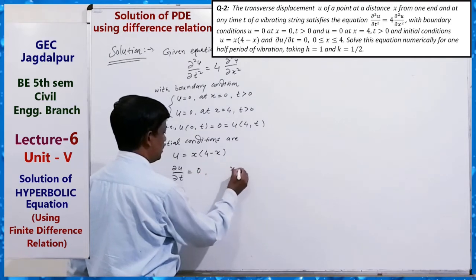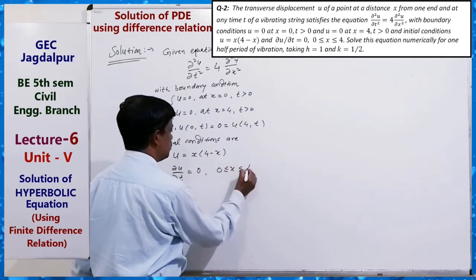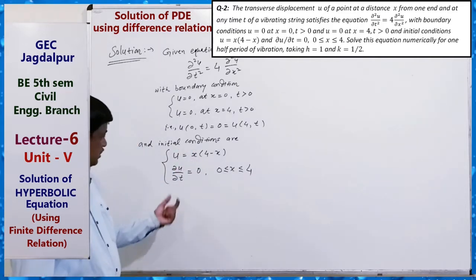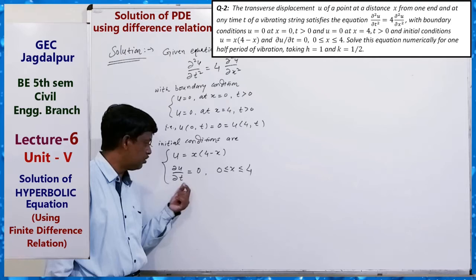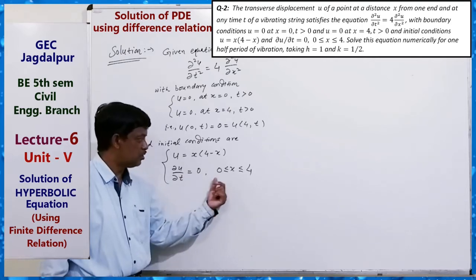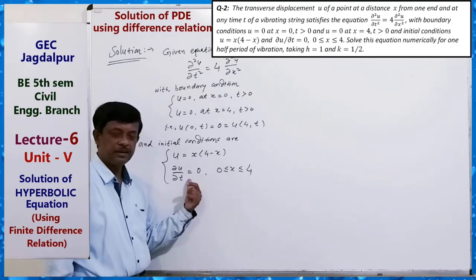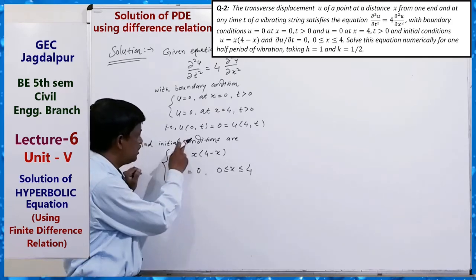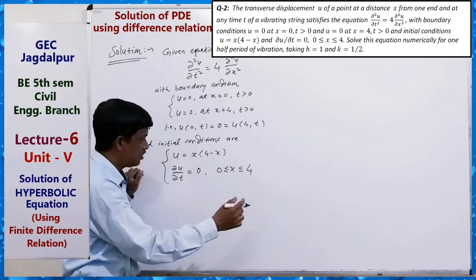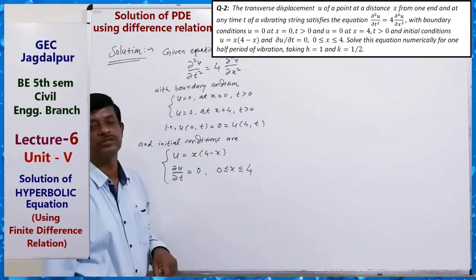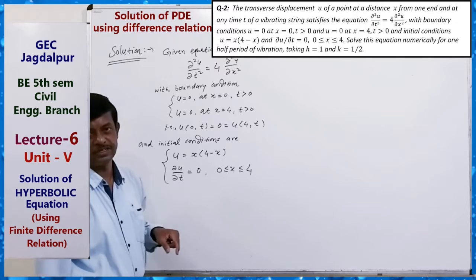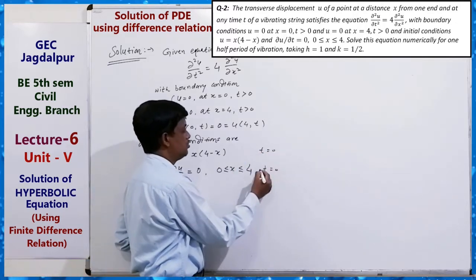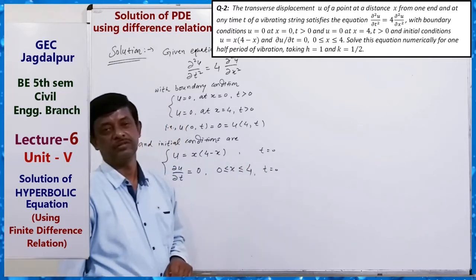These two are the initial conditions. That means this first order partial derivative value is 0, x lies between 0 to 4 here. Okay, so this is the value here. Initial condition means time t is equal to 0. Initial condition is this, no? Initial condition means t equals to 0.